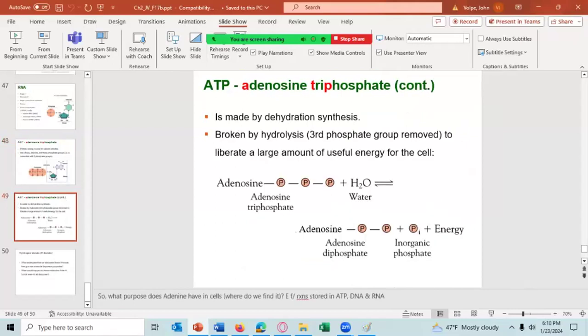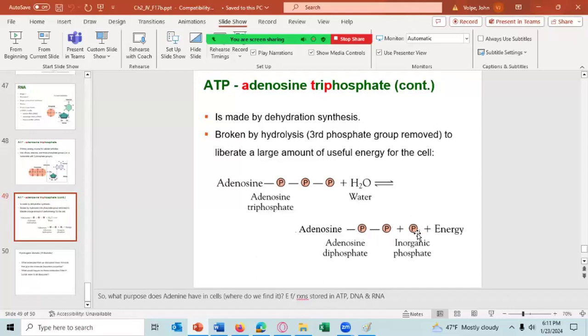So ATP is made by dehydration synthesis, and it is broken by hydrolysis. To break the ATP, you simply break the third phosphate group by adding water, and then you'll get ADP, which is adenosine diphosphate with two phosphates.